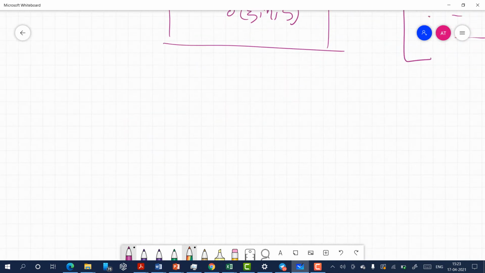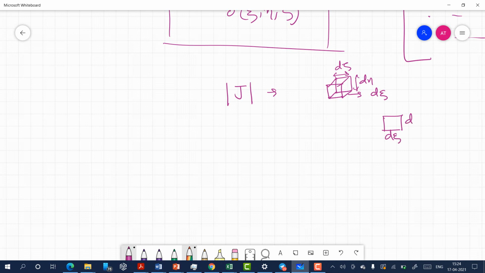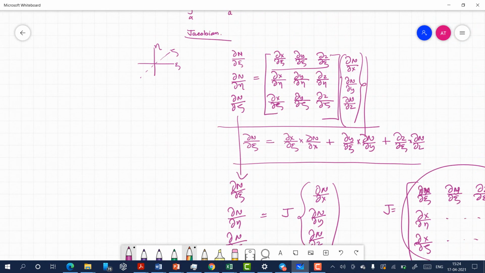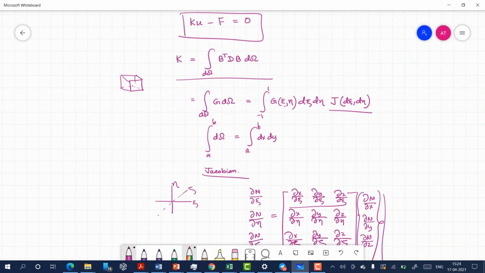And if you find out the determinant of J, that is the volume of a small element which has the sides of d zeta, d eta, and d psi in 3 dimension. In 2 dimension, this will be just the area of d zeta and d eta. Okay, the determinant. Okay, so now let us look at our integration part.